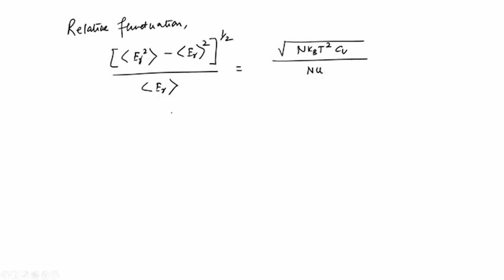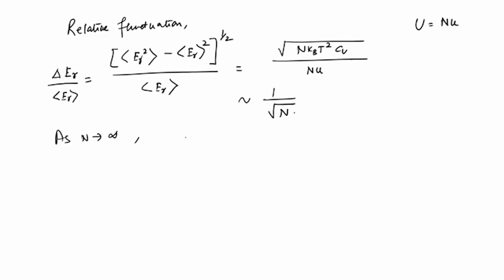I am writing the internal energy as an extensive quantity, so U is equal to capital N into small u. If you look at this, it has a 1 over root N. So, as N tends to infinity, this quantity delta E_R by E_R average goes to 0.